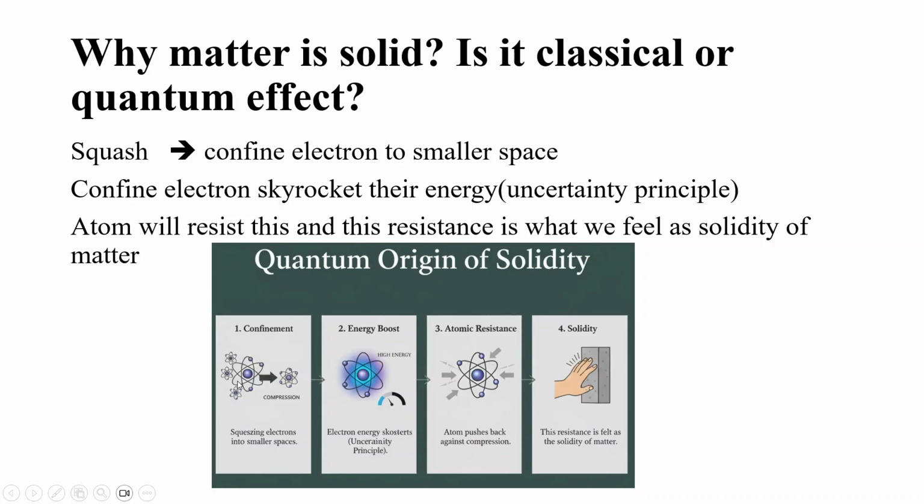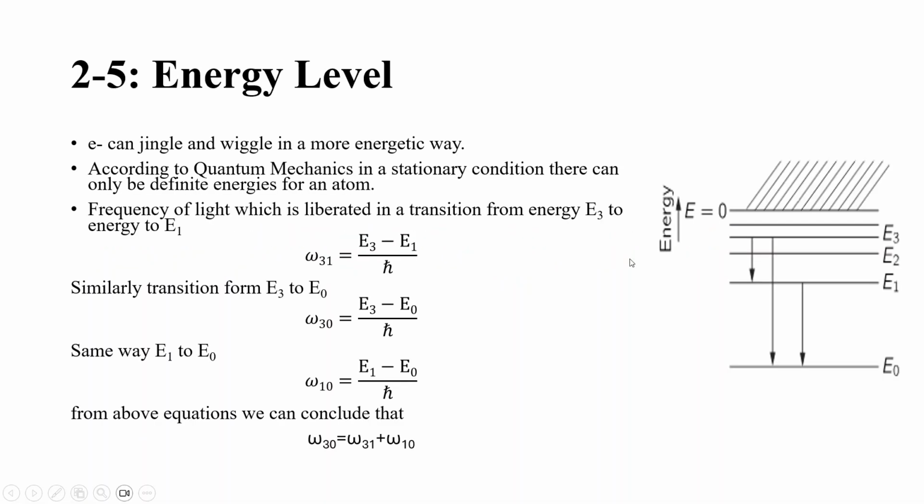So if I'm trying to confine the electron to a smaller space, then the energy will boost and we feel this repulsive force, or I'd say a resistance. This resistance is felt as the solidity of matter. The main conclusion is that the solidity of everyday objects is a quantum mechanical effect.